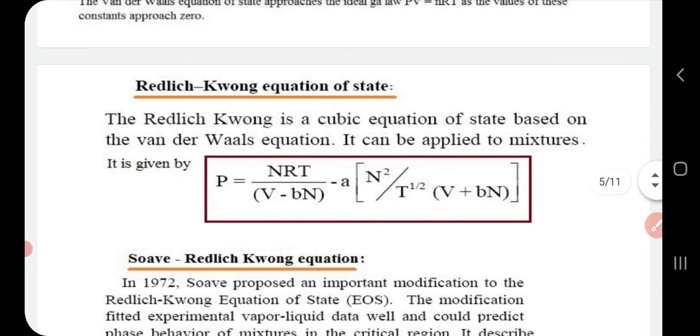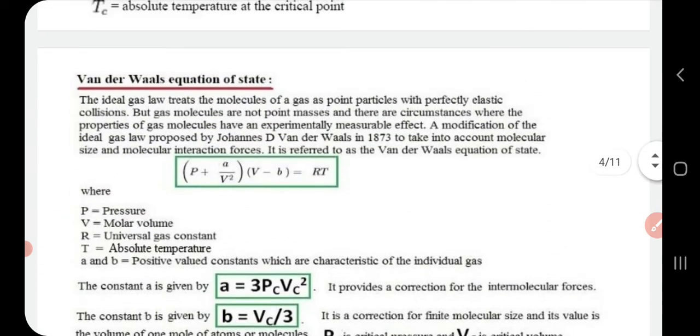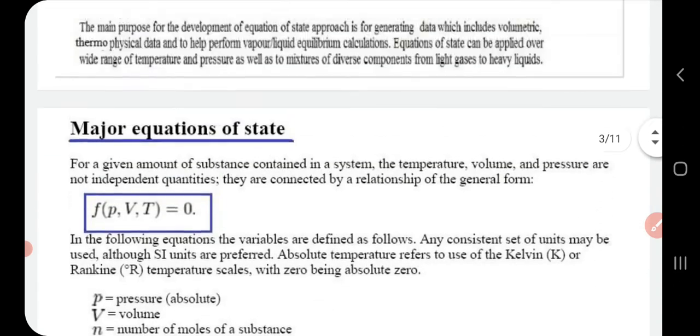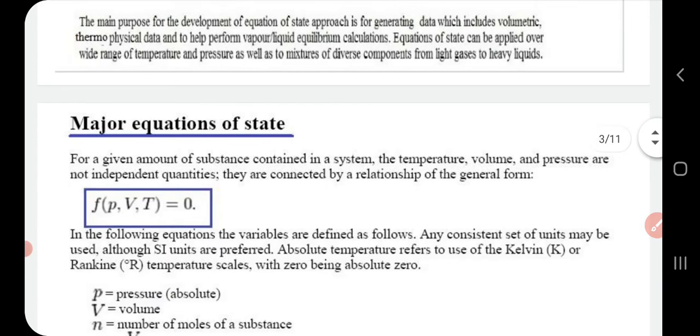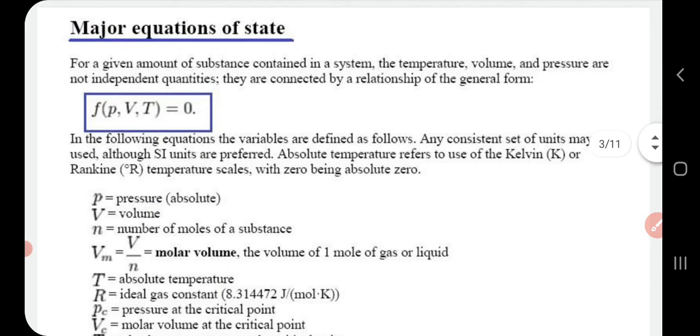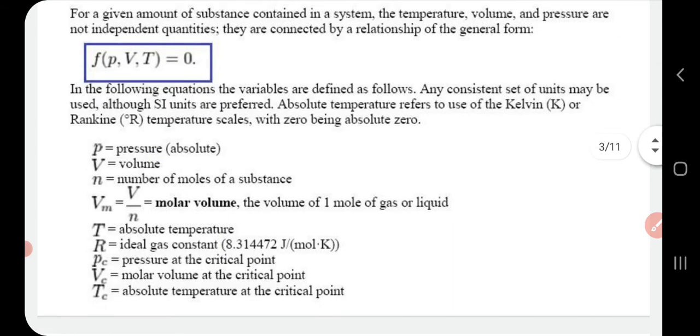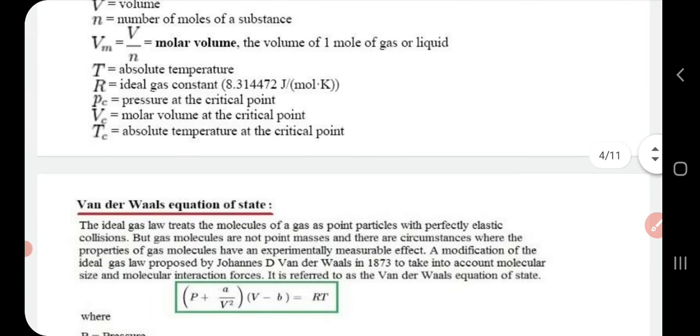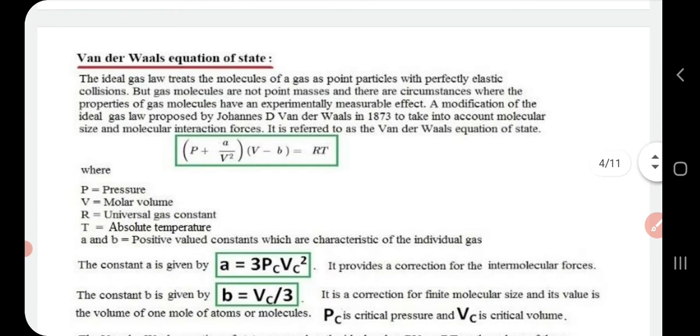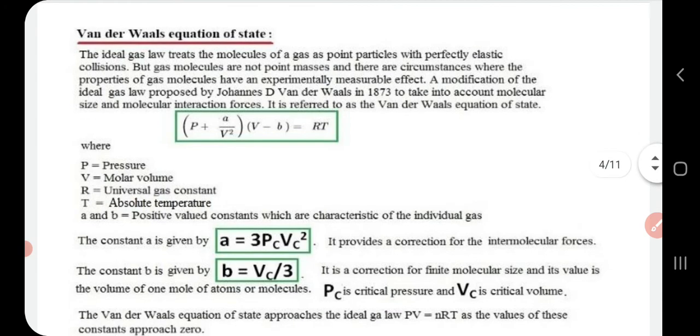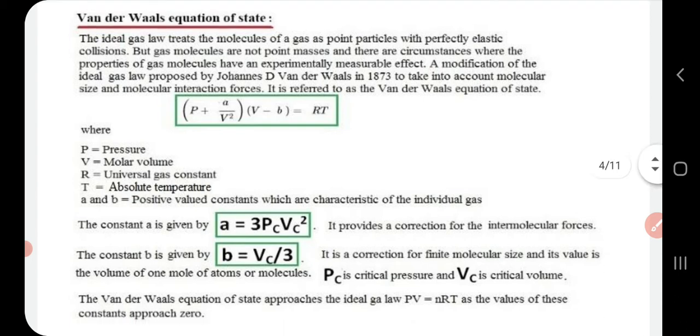So when you are asked to write about equation of state, first of all you have to write the definition for equation of state, its uses, and then write the general expression for equation of state and explain the terms, and after that give one or two examples of some of the major equations of state. One is the Van der Waals equation of state. This you have to write fully, because this is one of the most important equations of state.